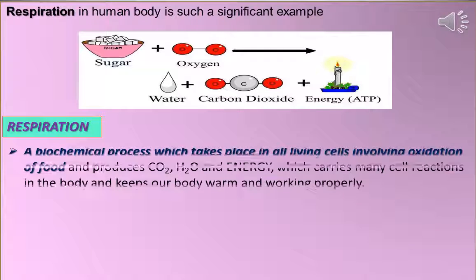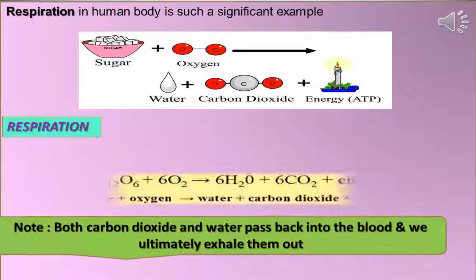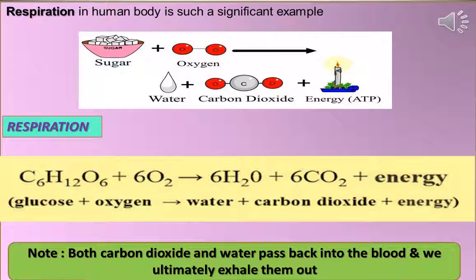It is a biochemical process occurring in all living organisms involving oxidation of food, producing CO2, H2O and energy, which keeps our body organs warm and working in a proper manner. You can have a look at the reaction of the biochemical process which occurs in the body.